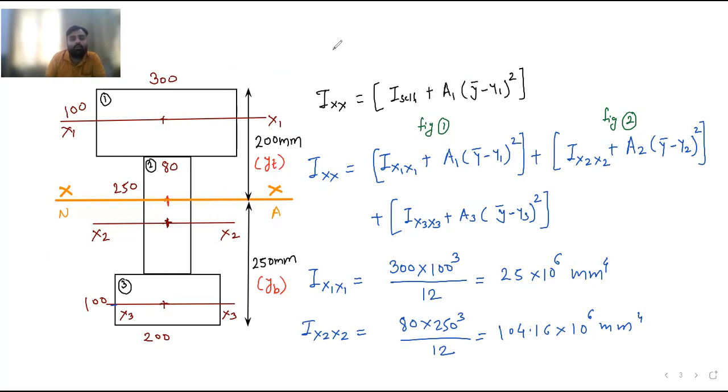What is the meaning of y top? It is the distance of the extreme fiber from the neutral axis. This is your neutral axis xx. From here, the top extreme fiber is at this distance, so this is your y top, 200. The bottom extreme fiber is at a distance of 250 mm, so this is your y bottom.